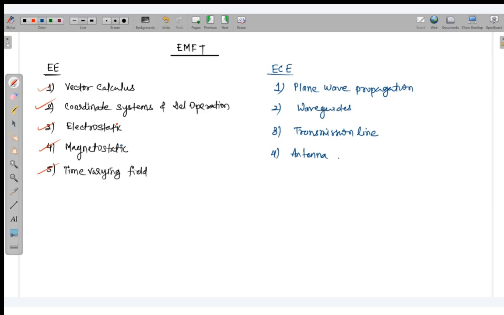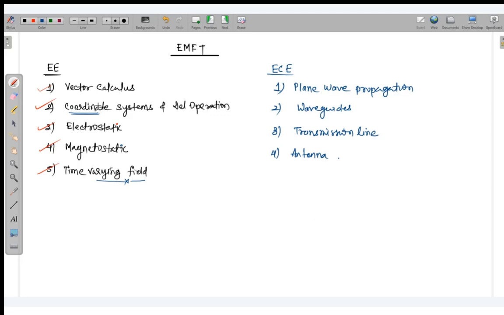I will be telling you, when we start from the vector form, I mean directly from the coordinate geometry, whatever vector calculus is required, I will tell you. Once we cover up to this point, I will tell you that EE students do not need to attend further classes, because these topics are not relevant for your exam.